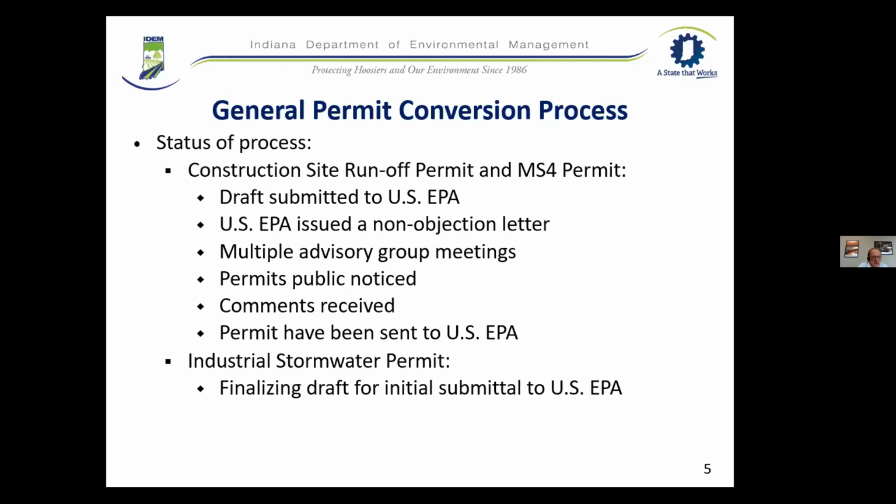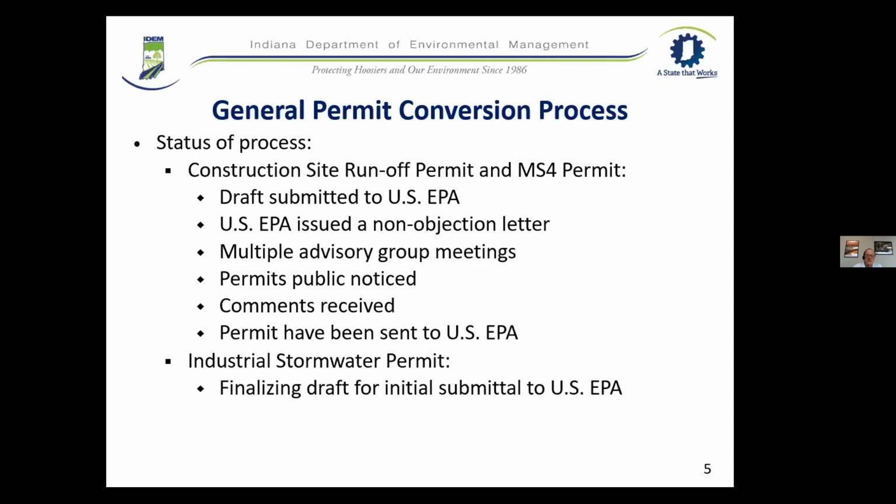Just recently, as of probably two to three weeks ago, we submitted the construction permit to EPA for final review, and we just sent the MS4 permit to EPA on Monday of this week. So at this point, for those two permits, we're waiting for that process to go through. EPA has up to 90 days to review those permits, but we anticipate getting information back from them sooner rather than later. Then we can move through and get those two permits issued.